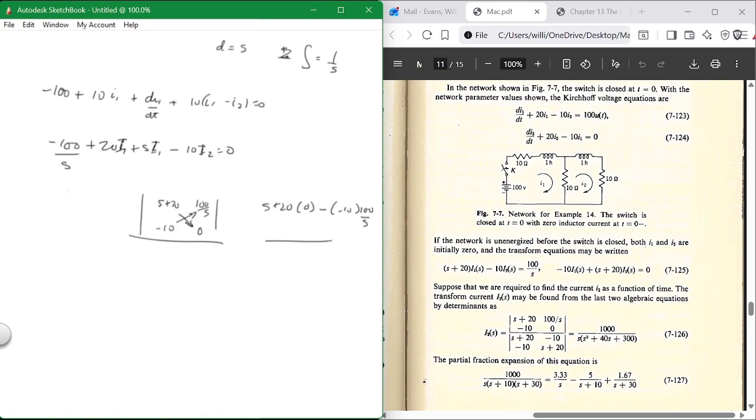And then in your denominator, it's the basic determinant, which is the I1 and the I1 and the I2. Here's your I1 and here's your I2. The determinants are always the same. So if you want to find I1, it's the 100 over s and the 0 in this column, and then what should be in this column stays in that column. Okay? Does that make sense?